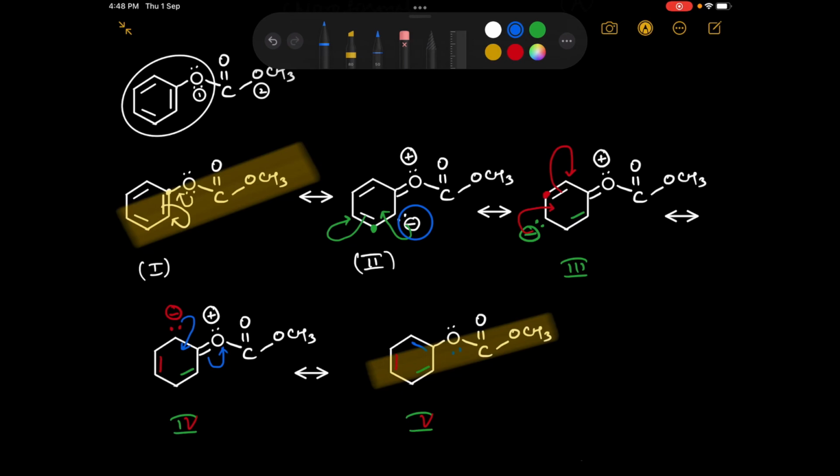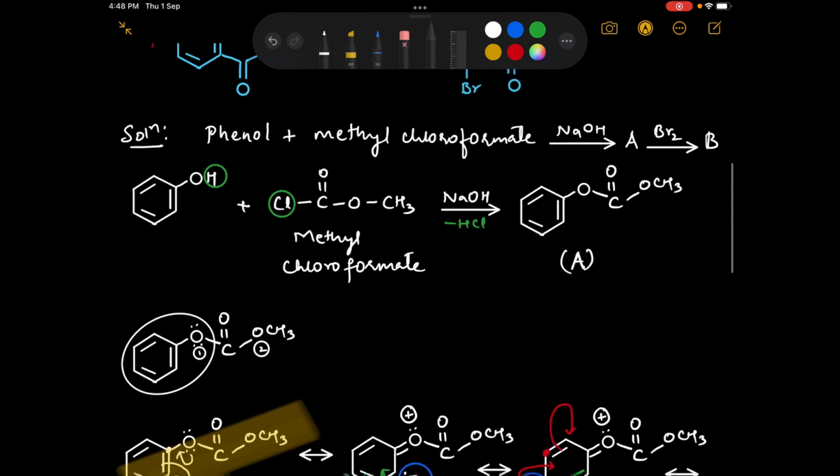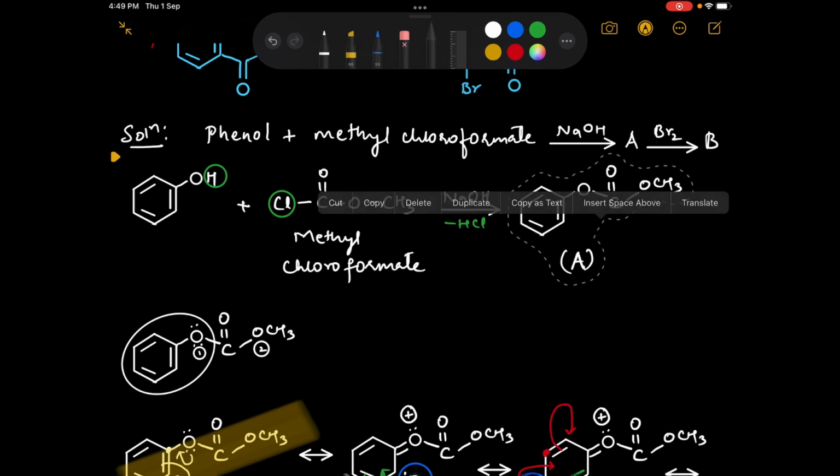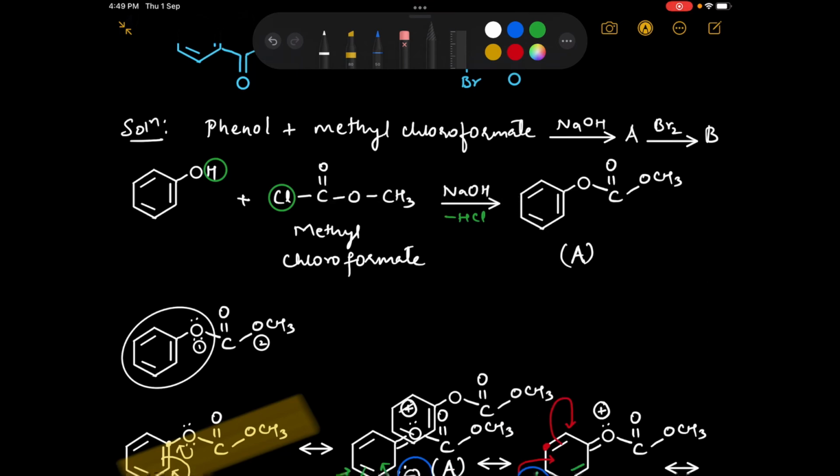Ortho, ortho and para position. That means the position number 2, 4 and 6. So we can be having the attack of bromine atom either at position 2 or position 4 or position 6. Let's try this.